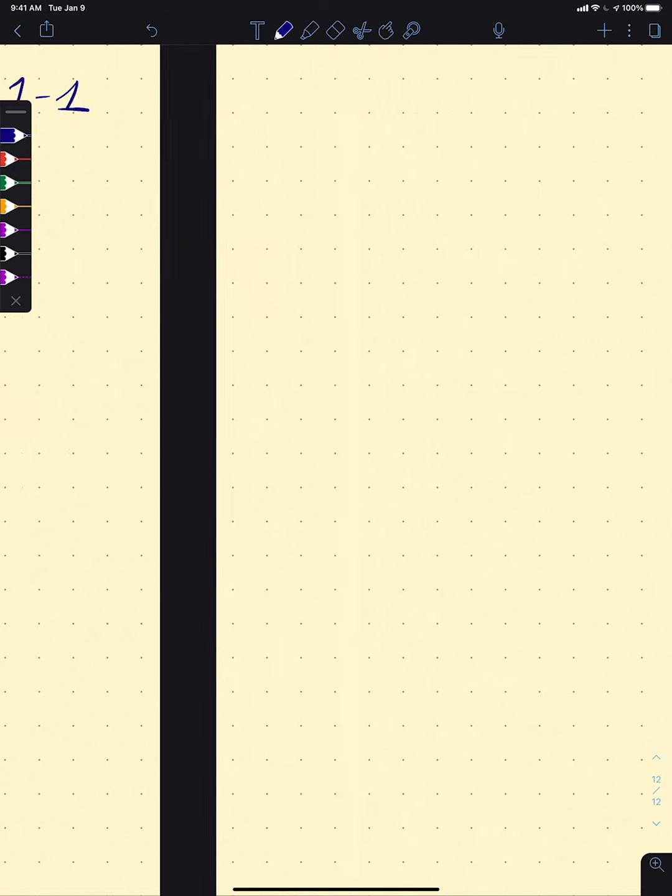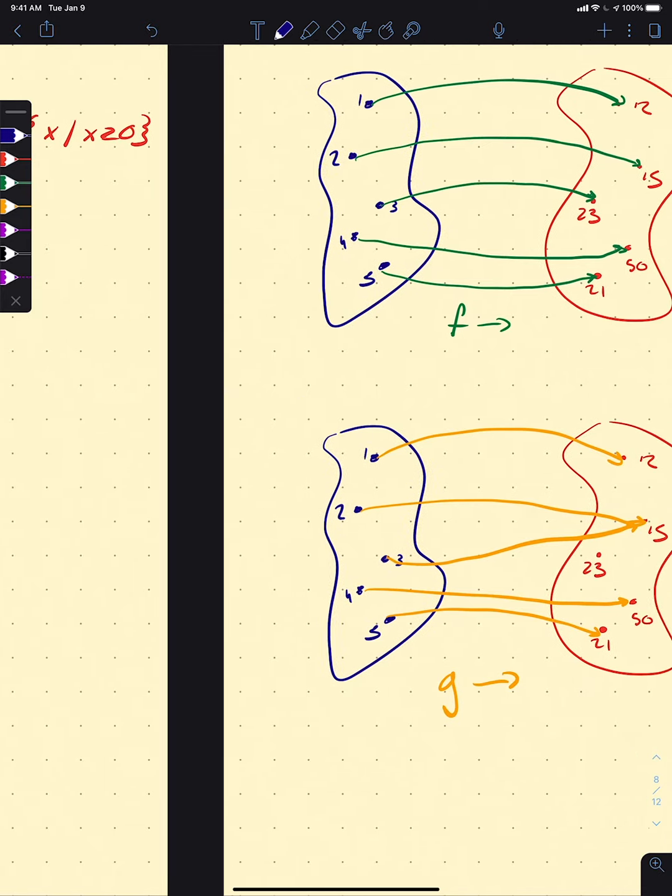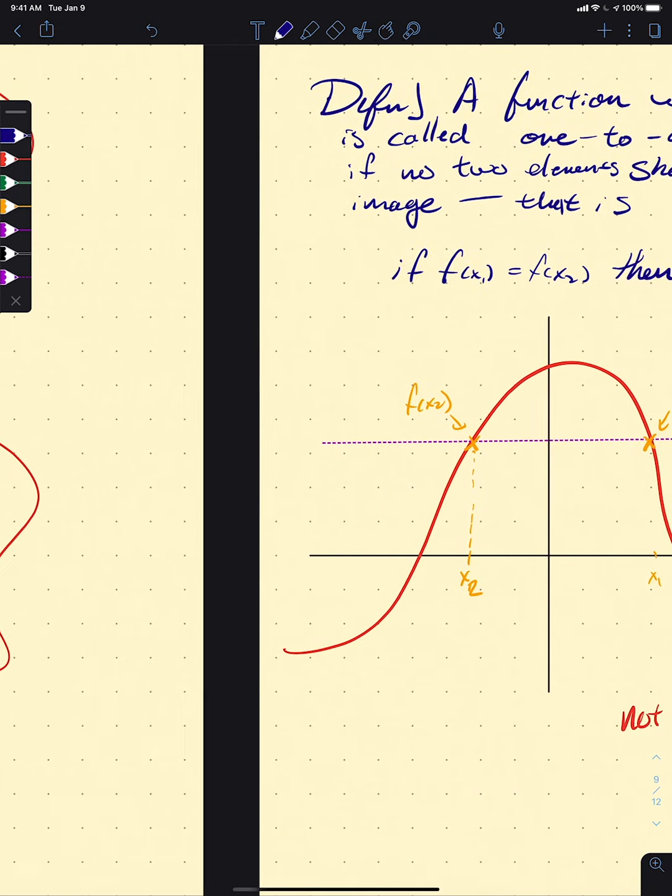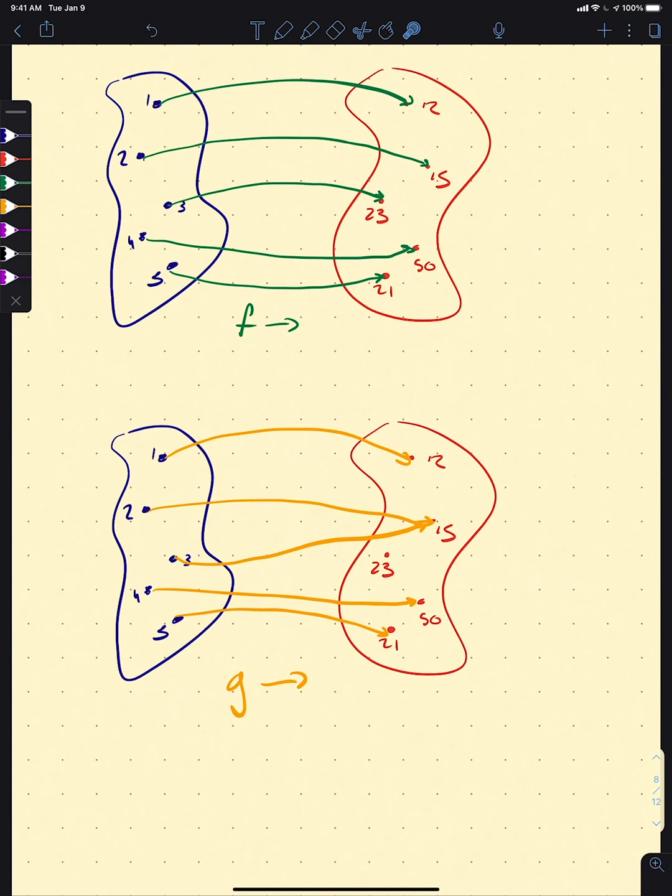If we go back to our first picture, we have all of these maps here. If every point in this only gets hit once, because that's what one-to-one means, well, then we can go back. Versus here with this function, that's not one-to-one.